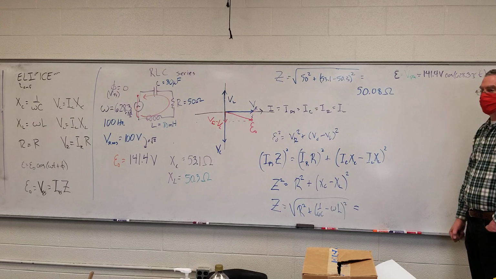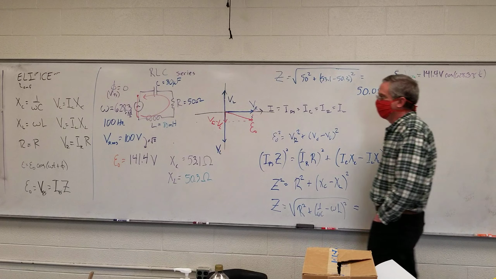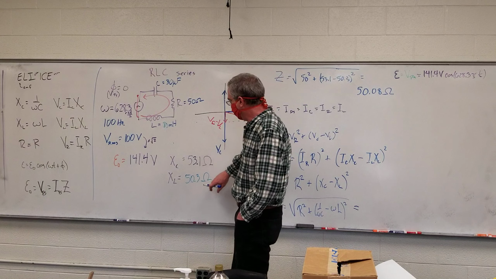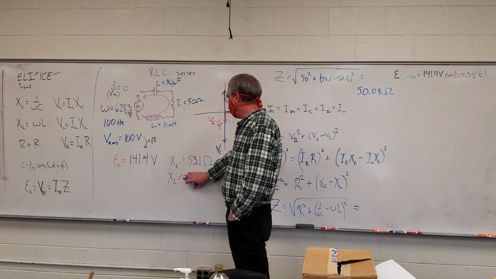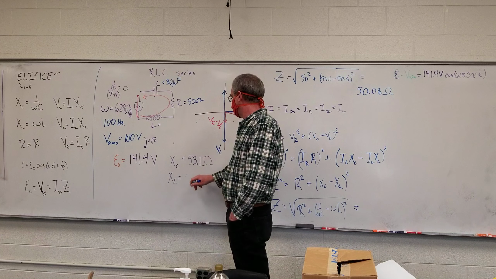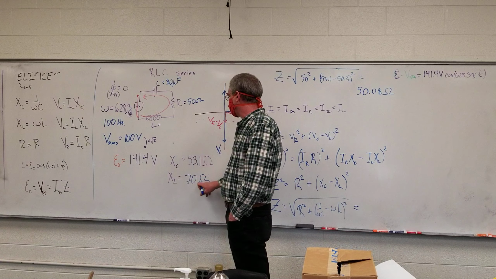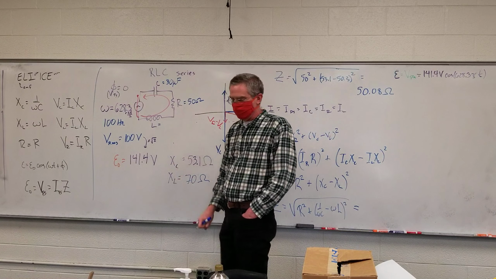All right, I'm about to change this problem slightly. I'm gonna tell you X of L and let you figure out what L is. So if X of L is 70, what is my inductance?